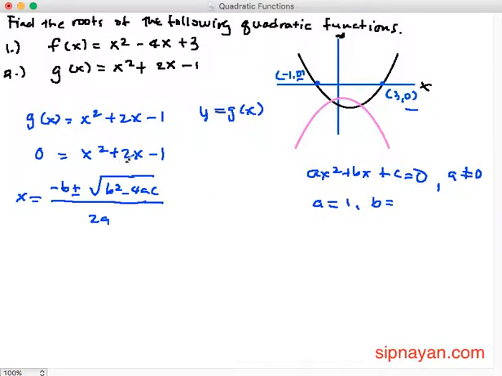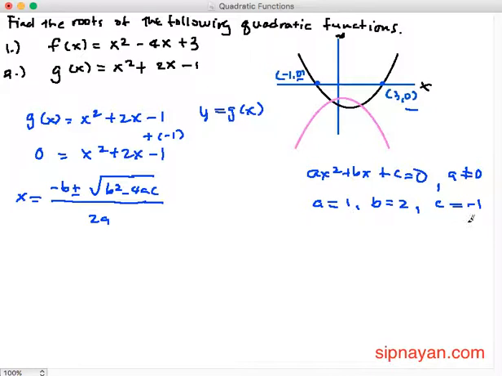What is b? Our b is 2. Our c is minus 1, but the formula has plus c, so we have to convert this into addition. Minus 1 is the same as plus negative 1. That means our c is negative 1.